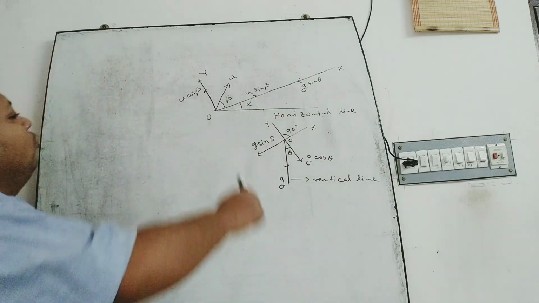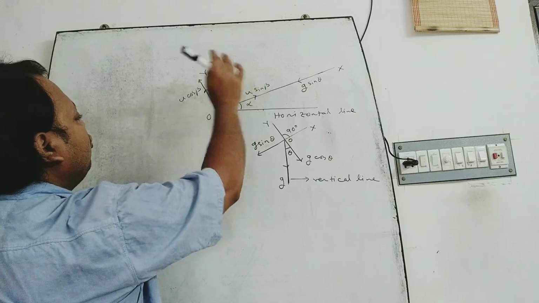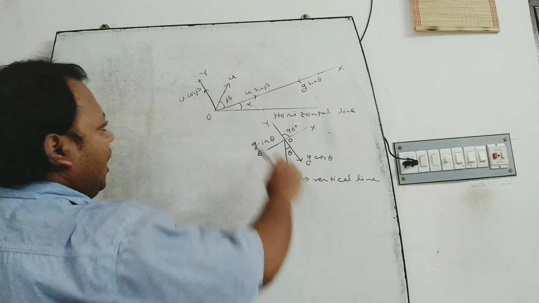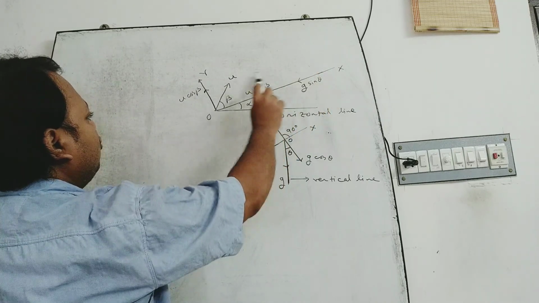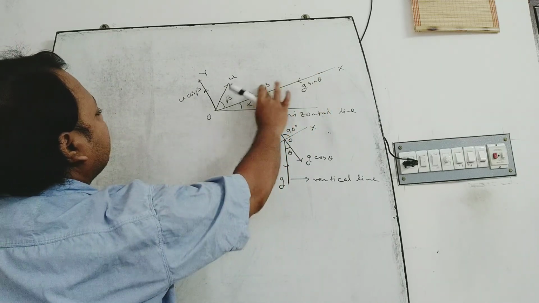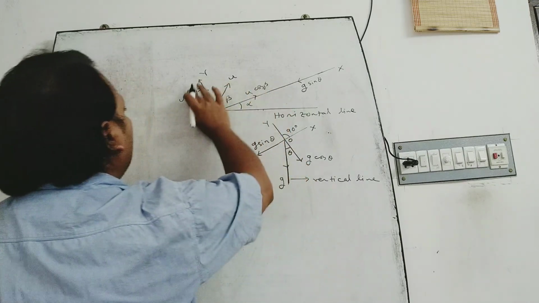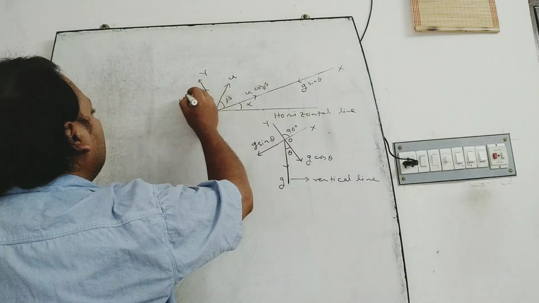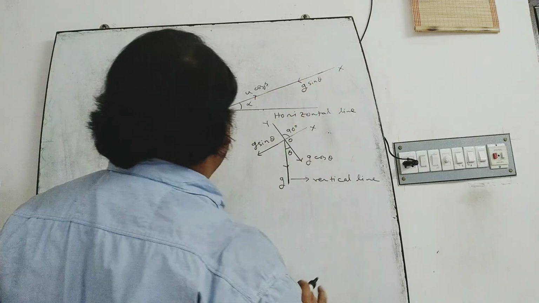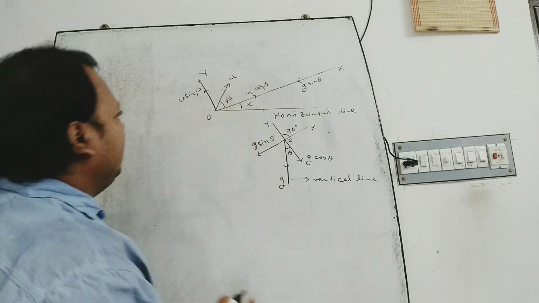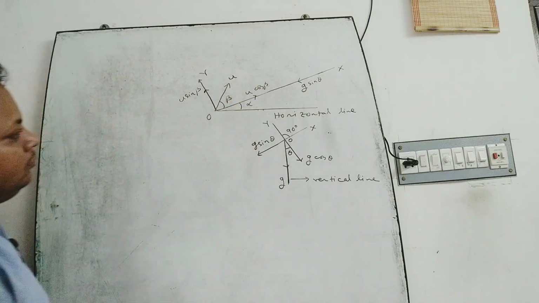Now we can divide u into two mutually perpendicular components. Along the OX axis, this is u cos beta, and along the OY axis, this is u sin beta.